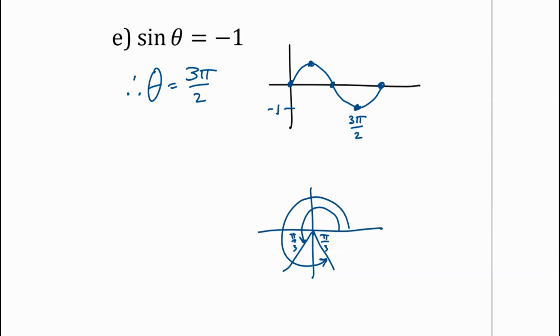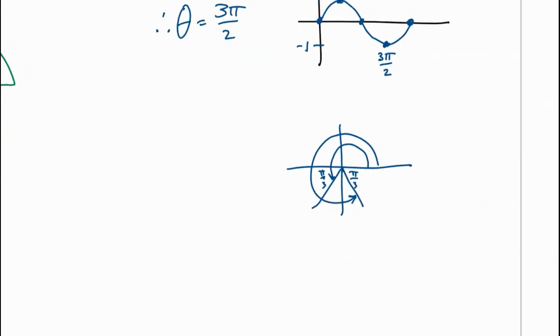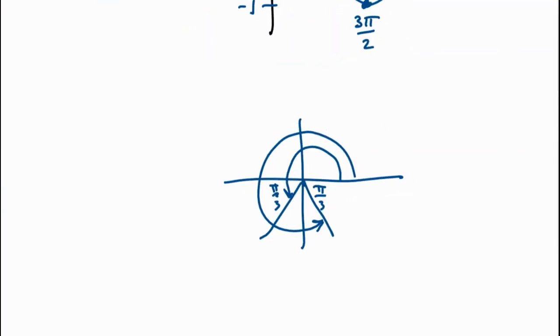Both those angles, which would be the 4 pi by 3 and 5 pi by 3 that we just did in the last question, both those actual angles make a triangle with a pi by 3 in them, with the x-axis. And that's where sine is negative. So you would have those two.